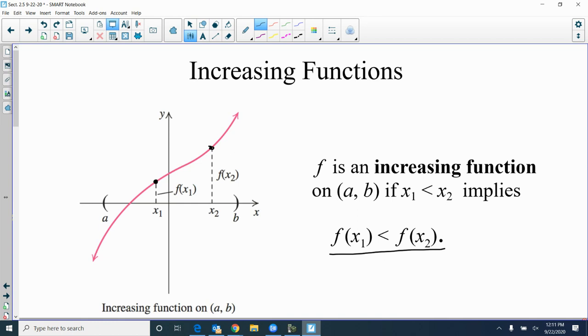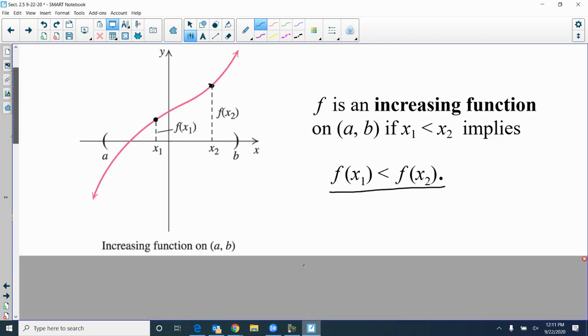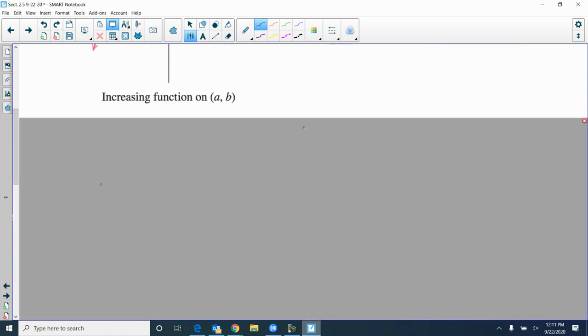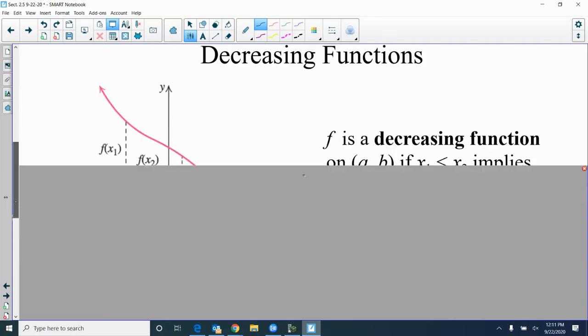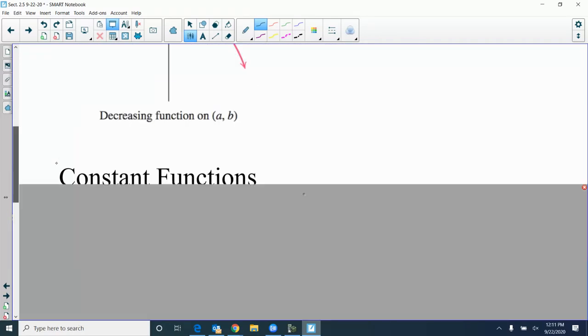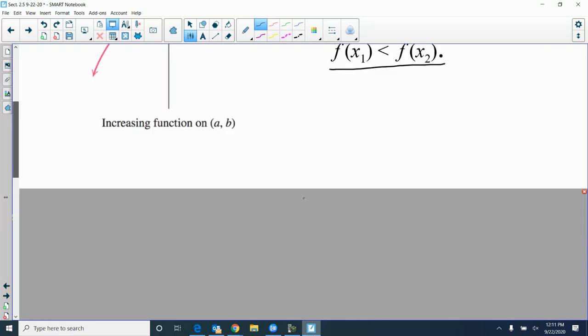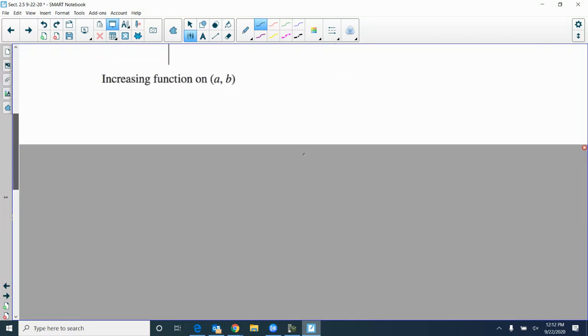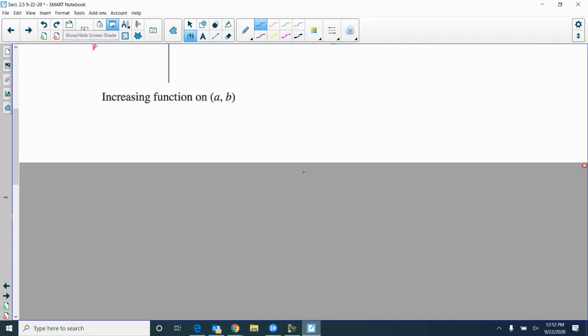All right, now this is increasing, decreasing, very similar. You got a function going down from left to right.